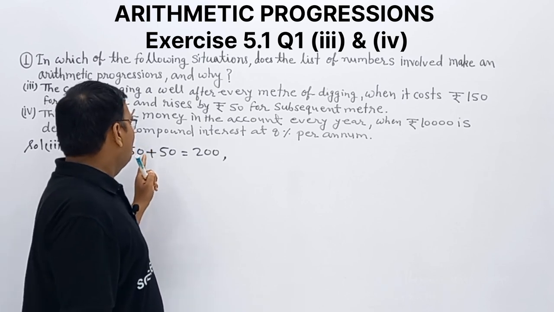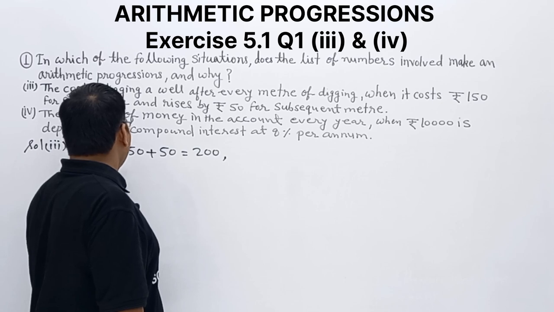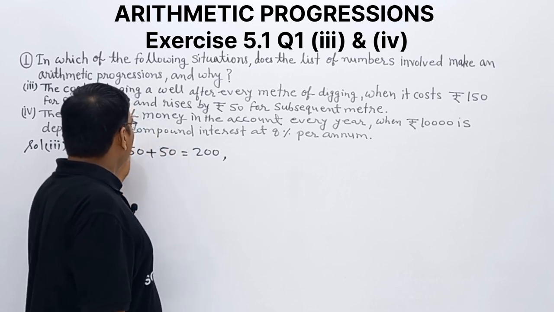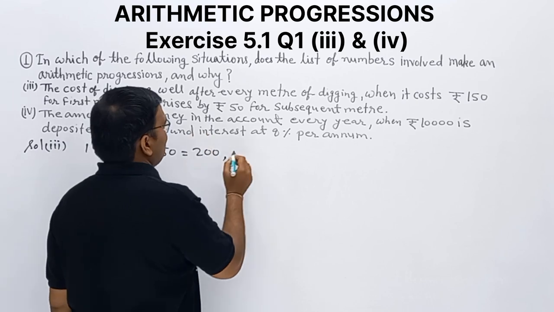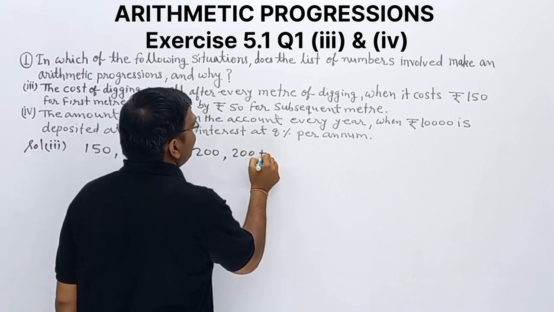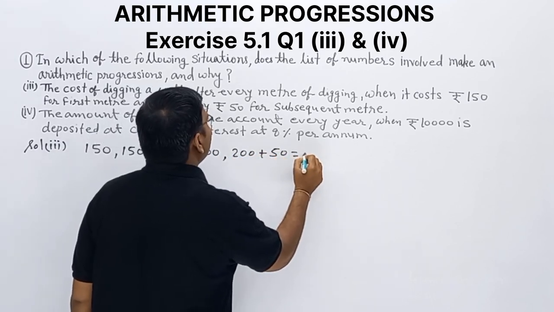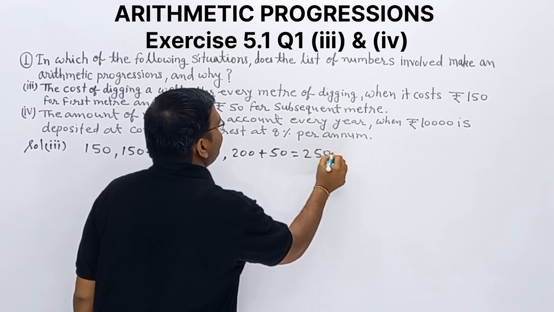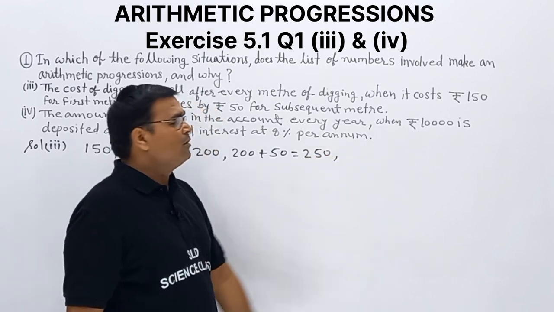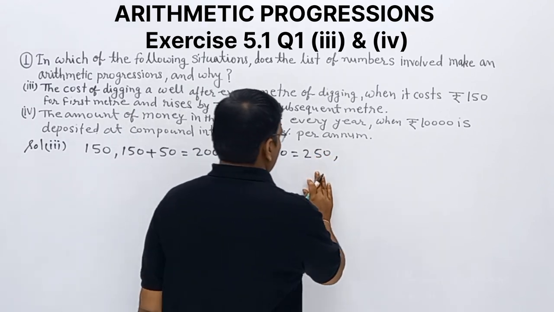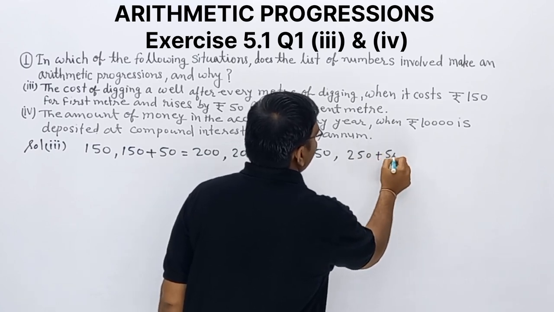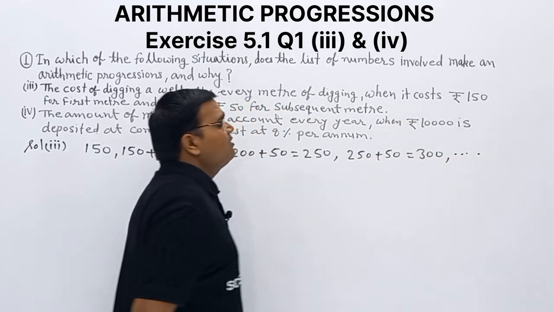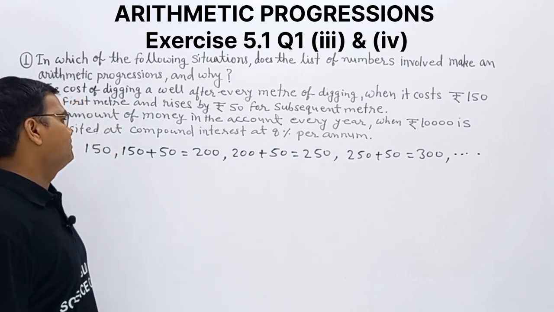For the 3 meters, we will add 50 to 200, we are getting 250. And for the 4 meters, 250 plus 50, 300 rupees, and so on.